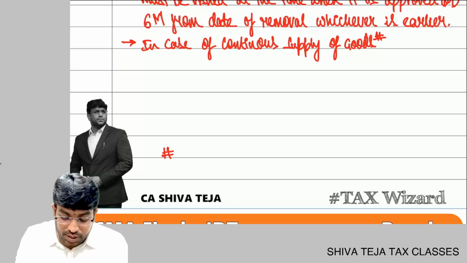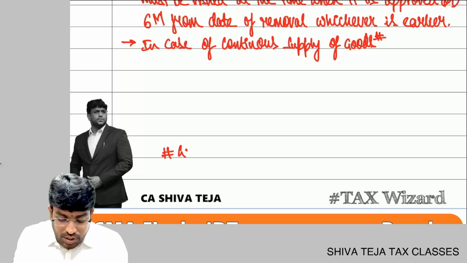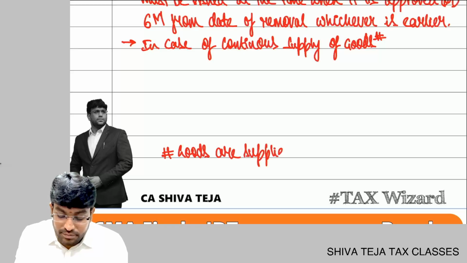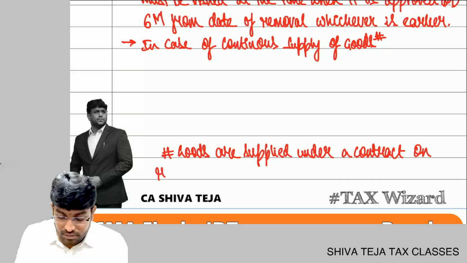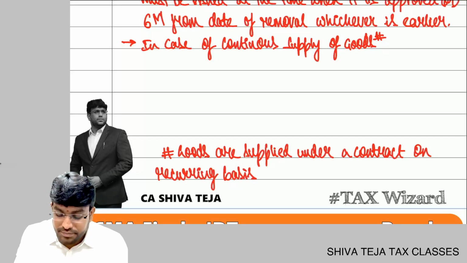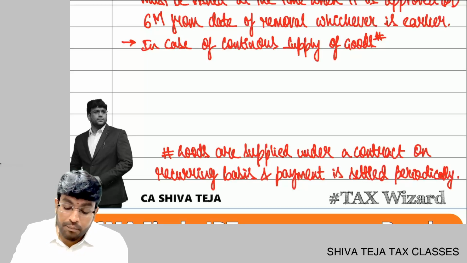Continuous supply of goods. What is that line, sir? In case of continuous supply of goods, goods are supplied under a contract on a recurring basis, and payment is settled periodically.